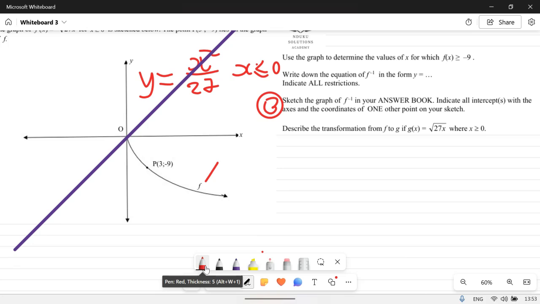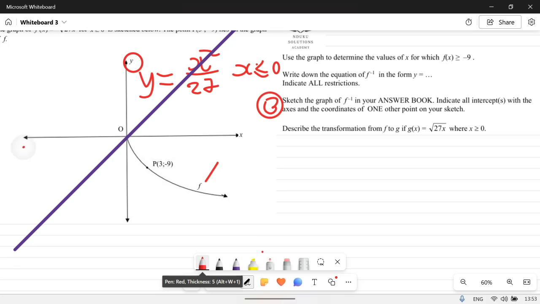We said if you want to see it much simpler, look at how the curve is drawn from the original function of f. If you look, the curve is between the positive x-axis and the negative y-axis. And this will now be swapped because x becomes y, y becomes x.